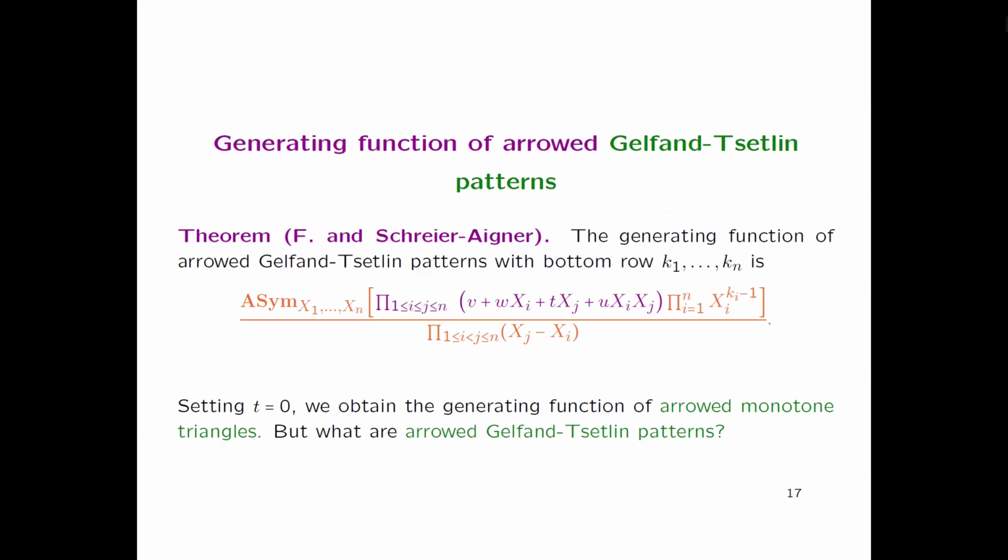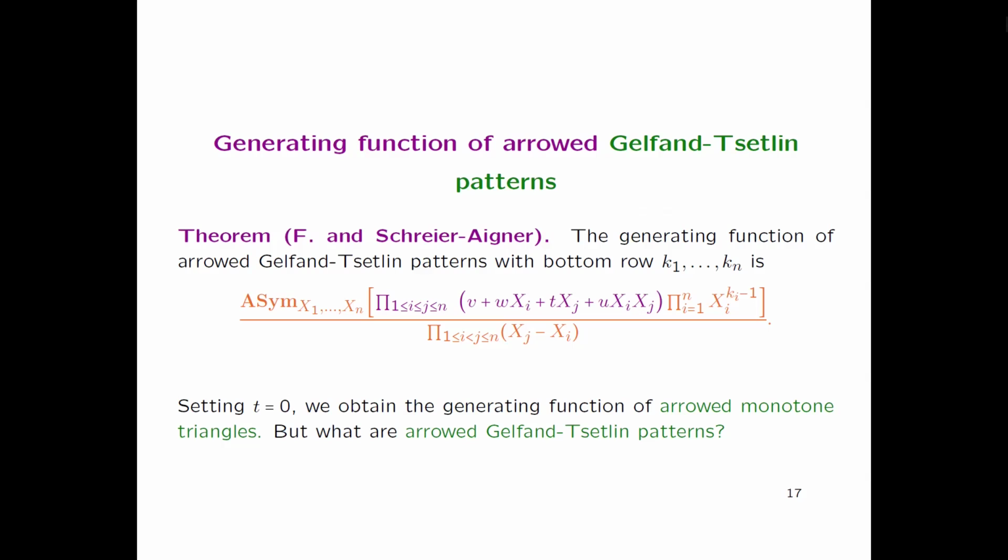Okay, there is now something in addition you may have noticed. I only had a u, v, and w before, but now there is also a t. So actually what I show you here is the generating function of arrowed Gelfand-Zetlin patterns. So I was always talking about arrowed monotone triangles, but actually there's something more general.